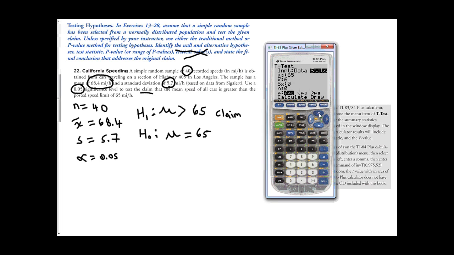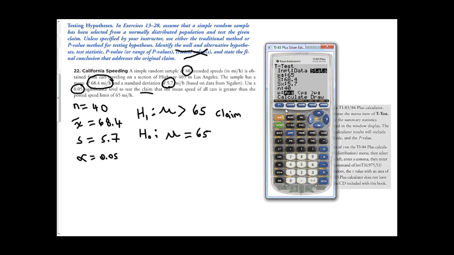We said that was 68.4. And the standard deviation, let's go down. The standard deviation it says is 5.7. And then n it asks for, n is 40. So I enter all that information.